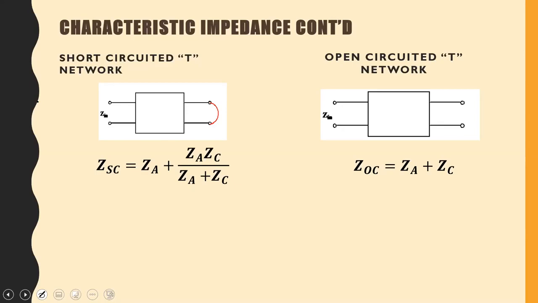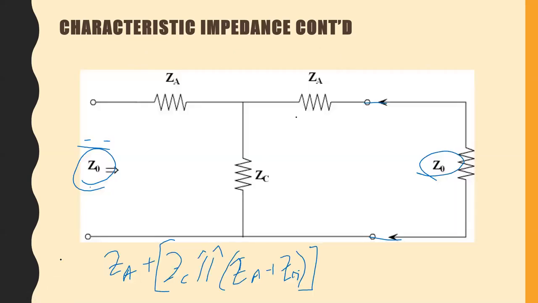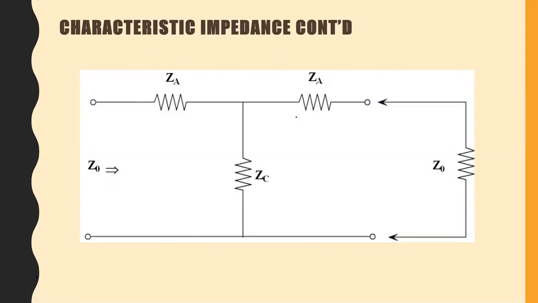For your benefit, let me go back to the slide. Here's my T network. If I were to put a short circuit here, connecting the two terminals on that port, the impedance would be ZA plus ZC in parallel with ZA.